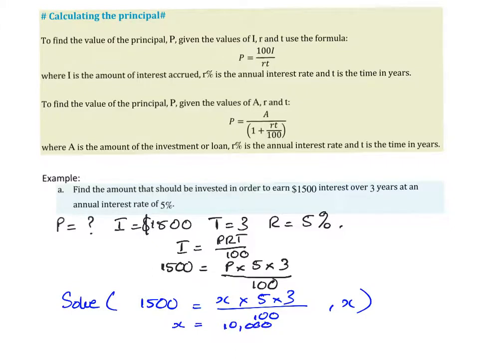Now remember, I was looking for the principal. So the principal, therefore, is $10,000. So what that's saying is that if I had $10,000, invested it for 3 years at a rate of 5%, I earn $1,500 in interest.